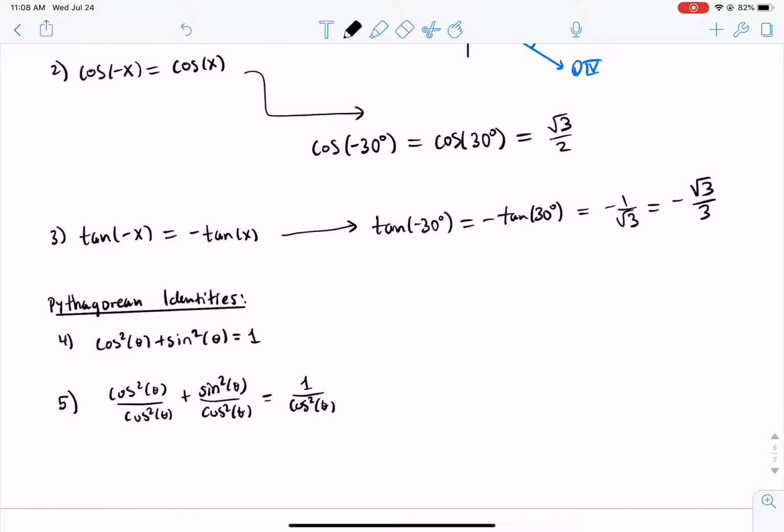And cosine squared over cosine squared will simplify into 1, plus sine squared over cosine squared. Sine over cosine is tangent, so sine squared over cosine squared will be tangent squared. And then 1 over cosine squared will be secant squared.